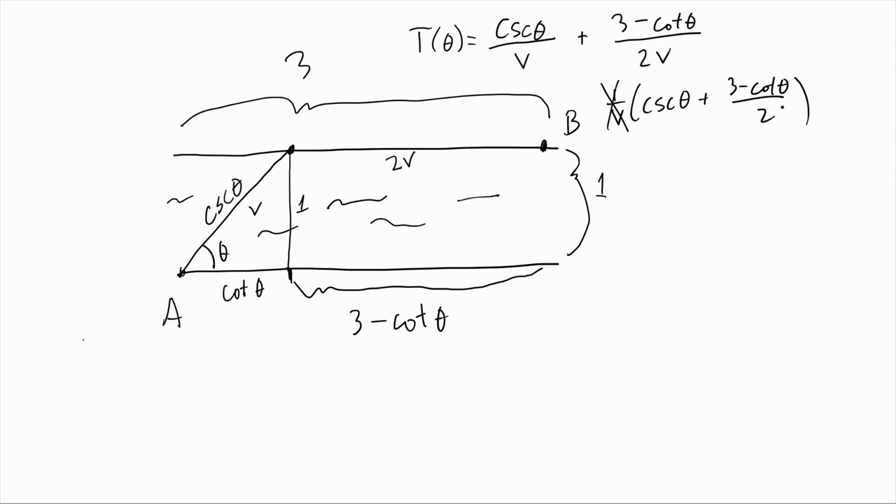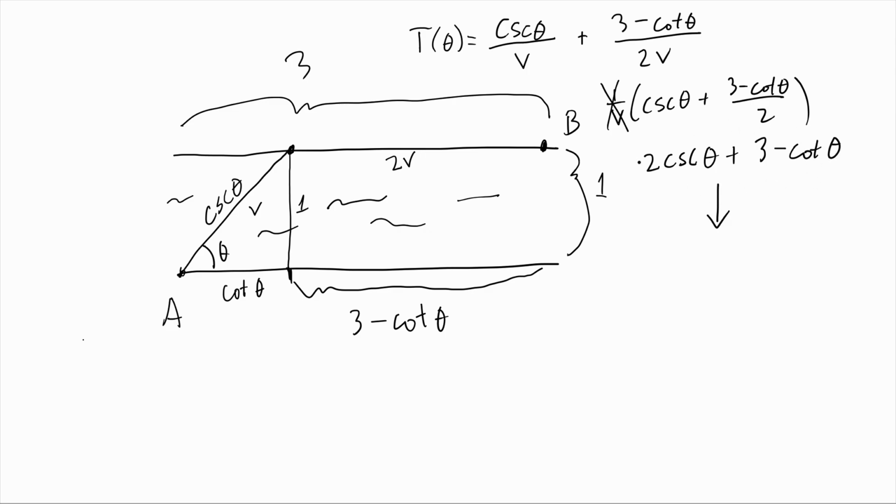If we multiply everything by a positive constant, it's going to be a minimum for the same value of theta, and that eliminates the division by 2. So really, let's just look at 2 cosecant theta plus 3 minus cotangent theta, and we're going to take a derivative of this now.